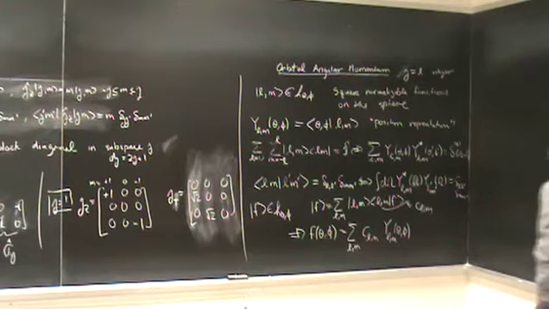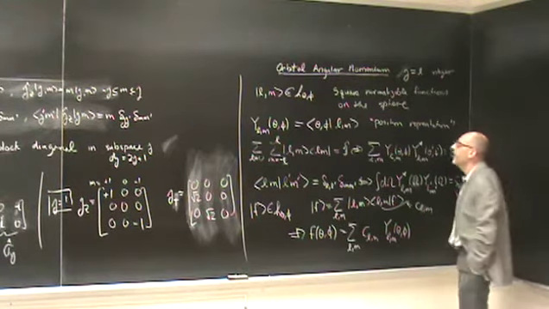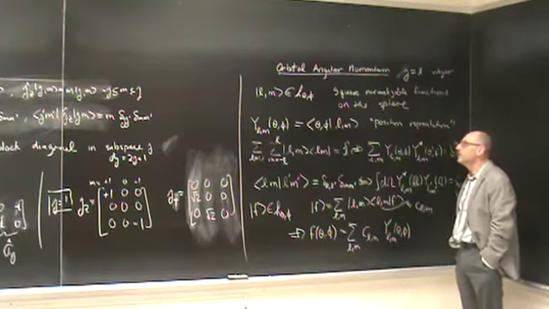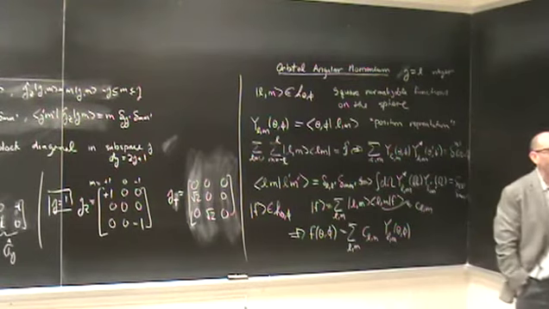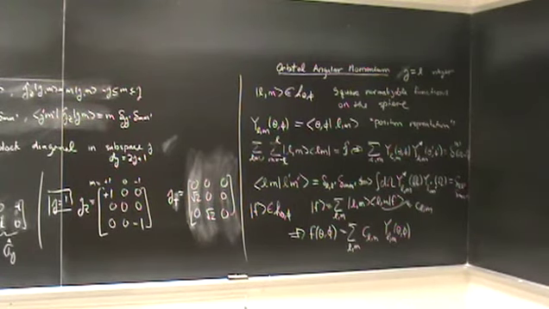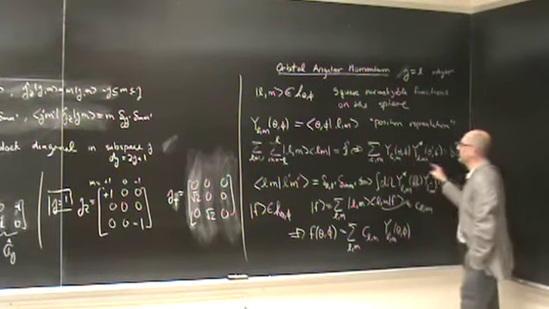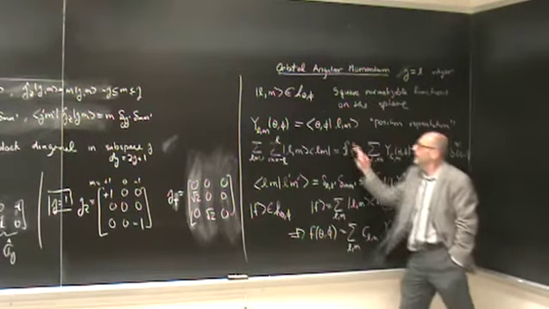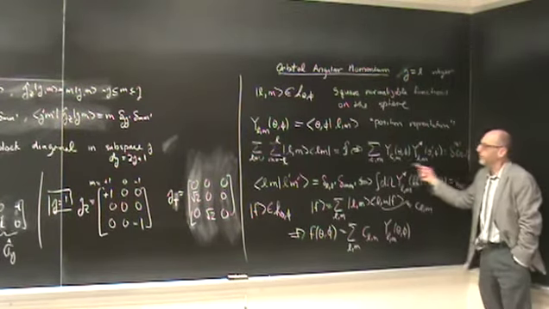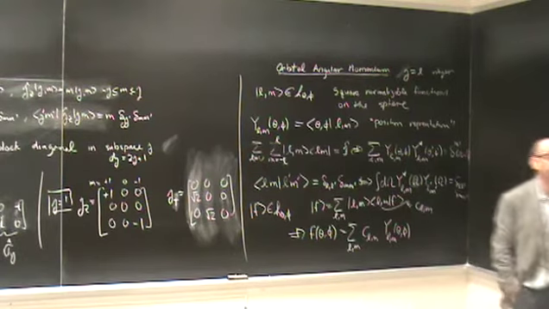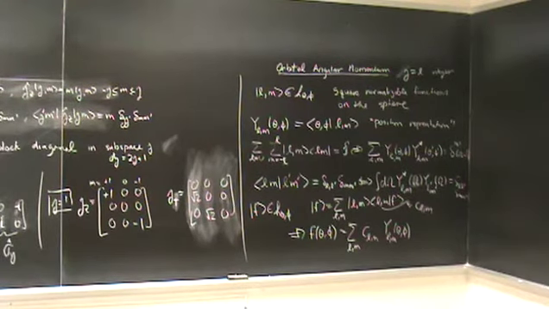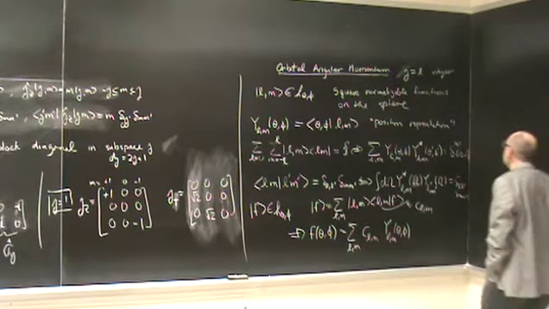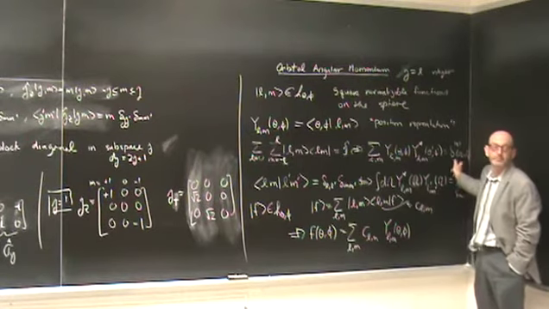They form a complete set of functions on the sphere. They're orthonormal functions. That is to say, they are complete in the sense that they form a resolution of the identity on this space, and that is expressible in position representation, that when you sum over all these angular momentums, you get a delta function on the sphere.